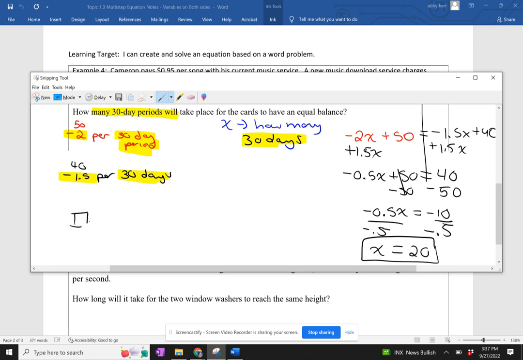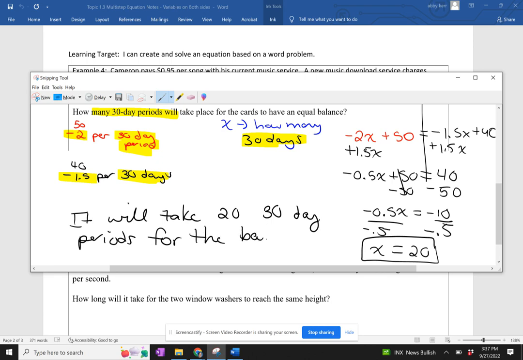So it will take 20 30-day periods for the balance to be the same. Sorry, my pen is messed up. So to be the same.